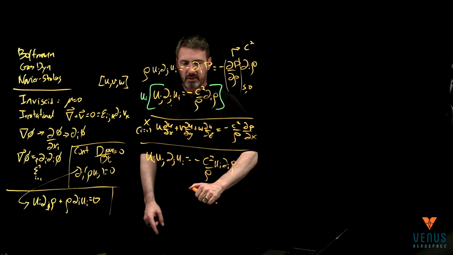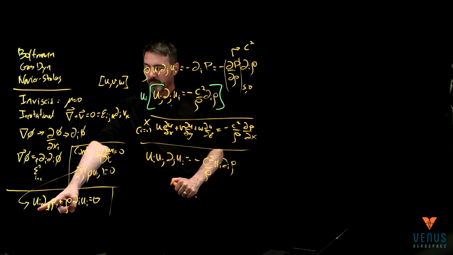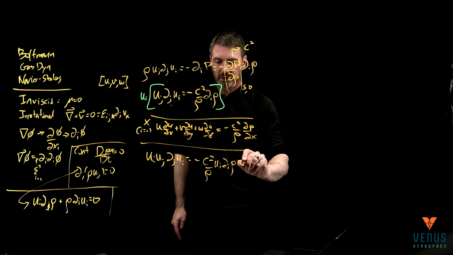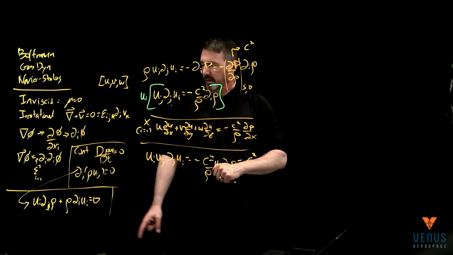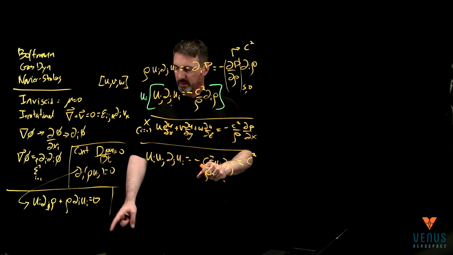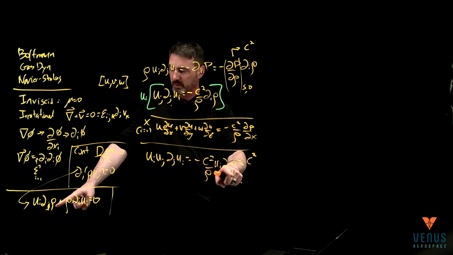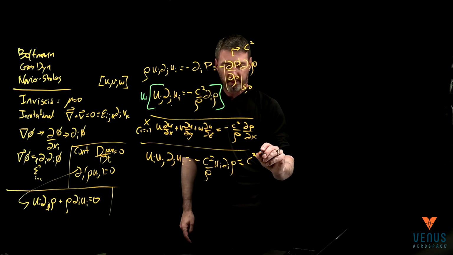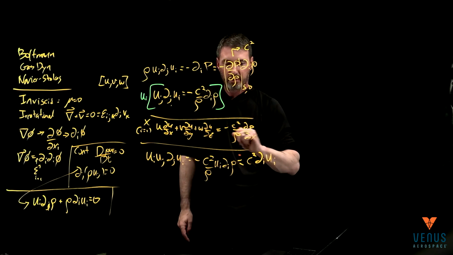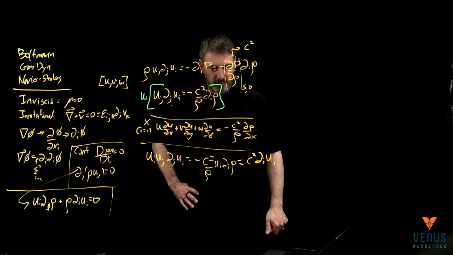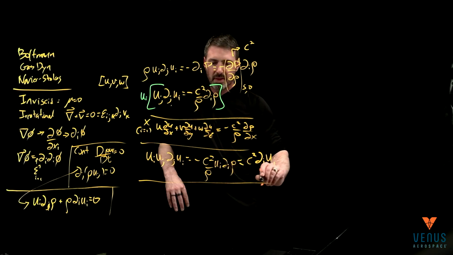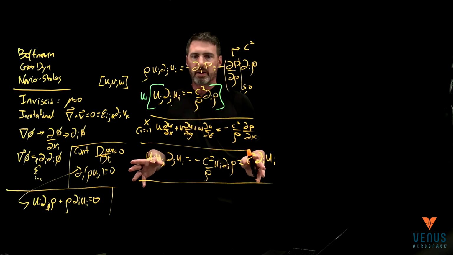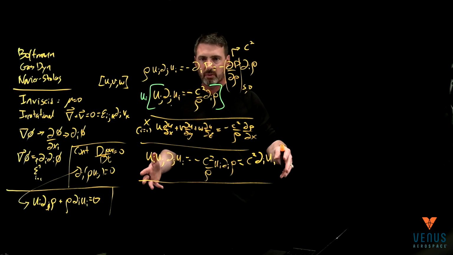If I divided by ρ, then this whole term is actually then just c squared, and then it's looking for ∂_i ρ, so dividing by ρ, c squared, and then I have ∂_i u_j. Okay, and so that is kind of messy, but that's one form of the equation right now, and this is one scalar equation.